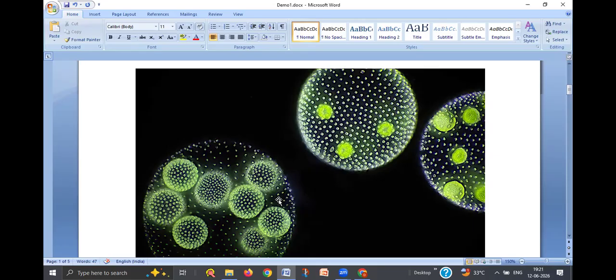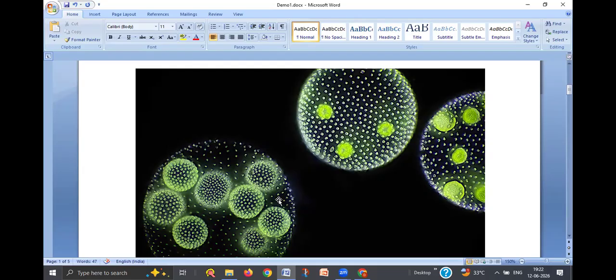You see the different structural forms of algae. This is also called thallus organization in algae. The algal body is called the thallus. Usually it is not differentiated into roots, stem or leaves. So that structure is called the thallus, and here the thallus organization takes different forms.